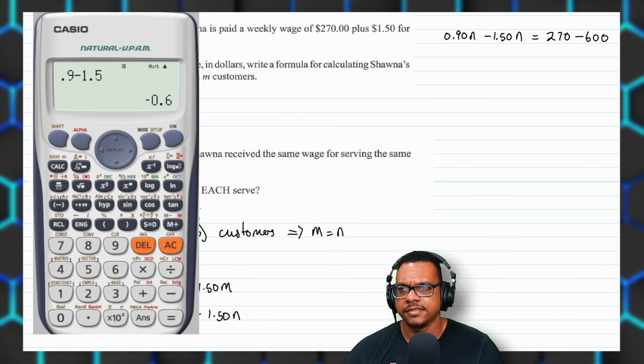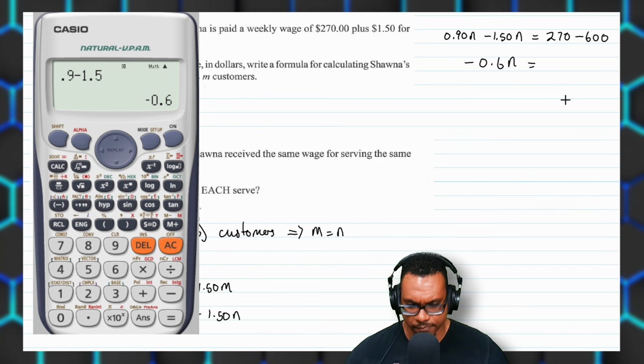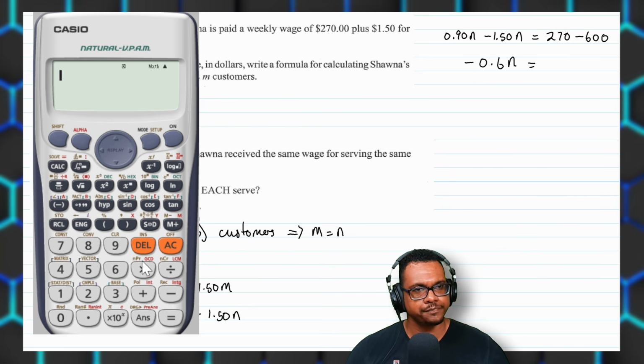So I'm coming here and writing negative 0.6n, and of course we're going to take away 270 from 600. So now we're going to get 270 take away 600, and that will be equal to negative 330.